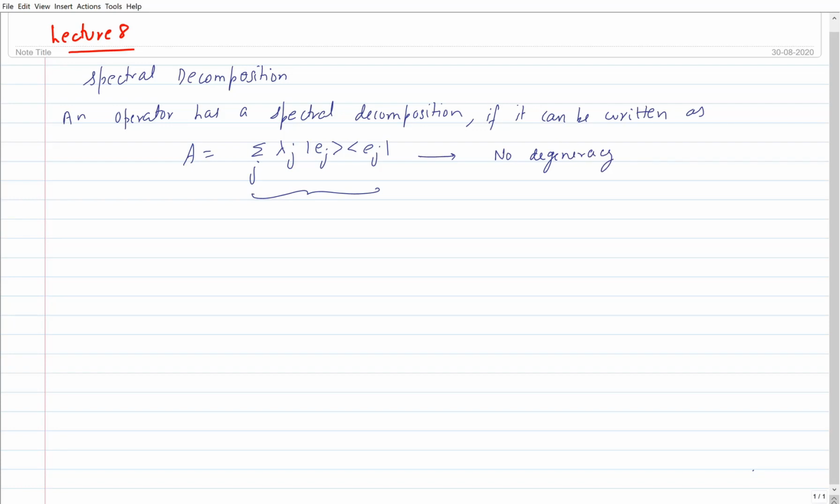However, if there is a degeneracy, so no degeneracy meaning all eigenvalues are different, lambda j are the eigenvalues.